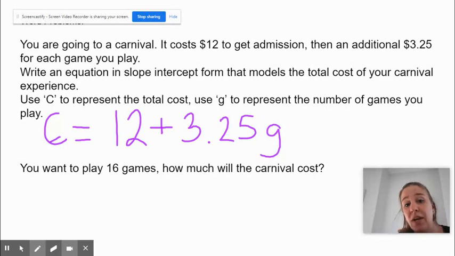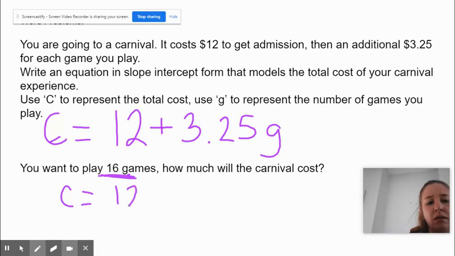So if it's one game, it would just be $3.25 plus the $12 admission. If I played 100 games, it would be $3.25 times 100, which is $325 on games, plus the $12 to walk through the door. So if you want to play 16 games, how much is this going to cost?